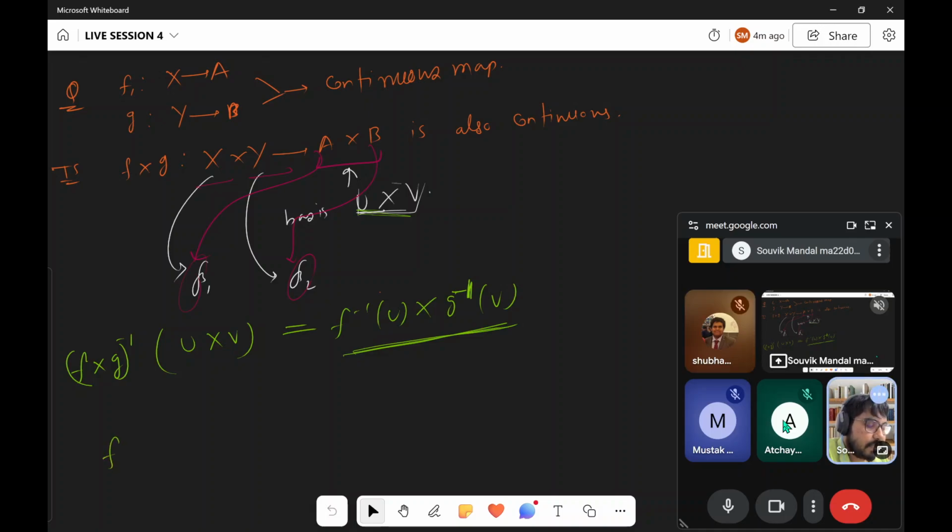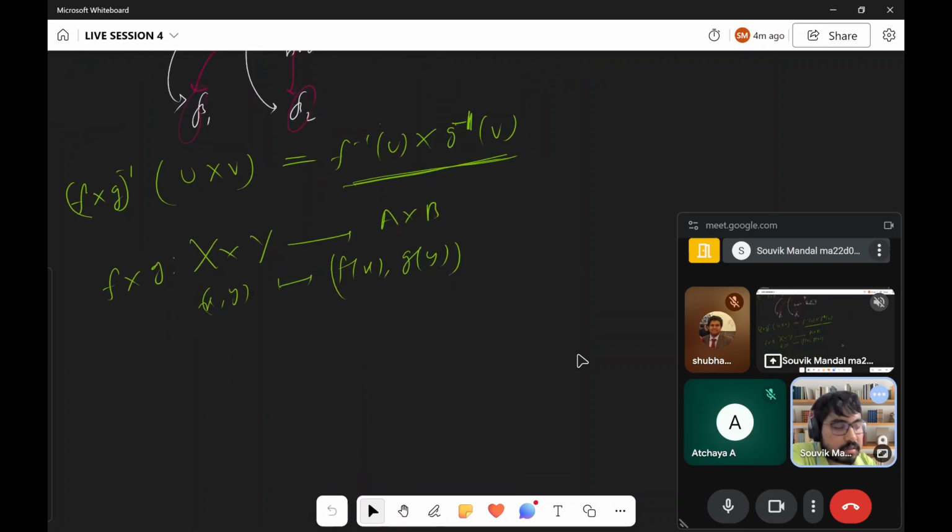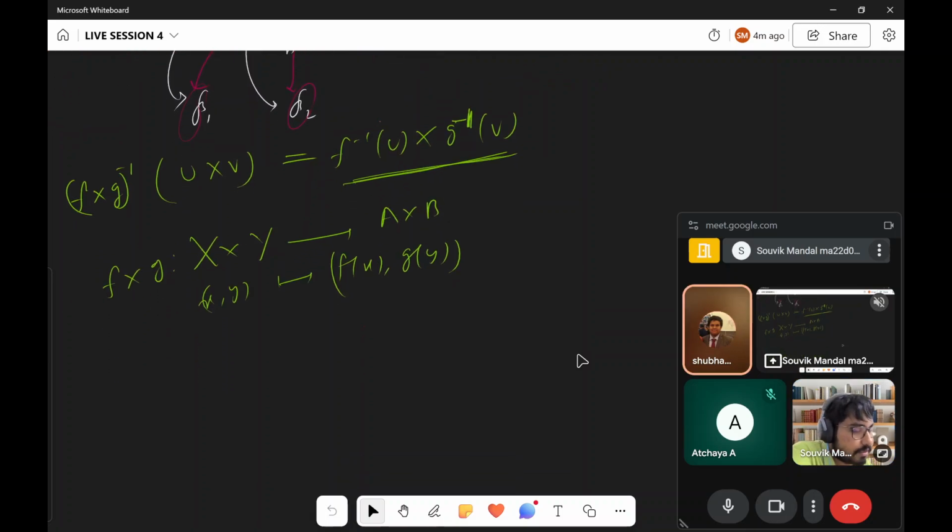Okay, first tell me, F cross G is a map from what to what? X cross Y to A cross B, right? And how does this map look? X comma Y going to Fx comma Gy, correct? So this is the map F cross G. Now the inverse image of U cross V, what kind of points does it contain?